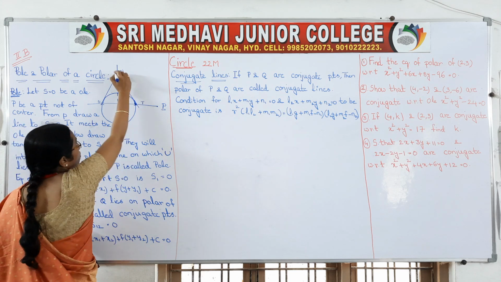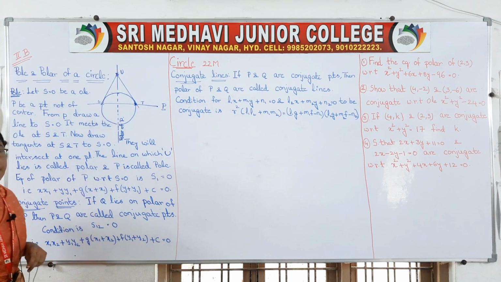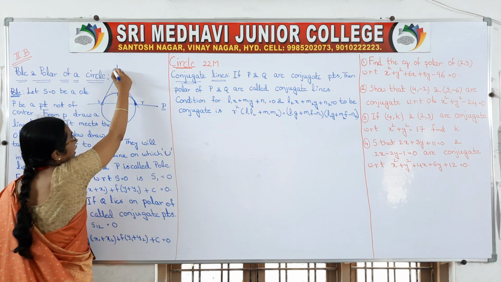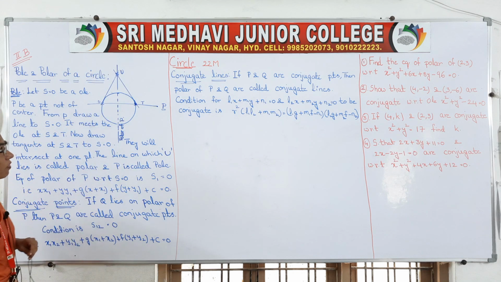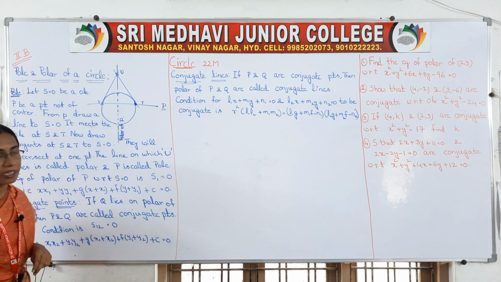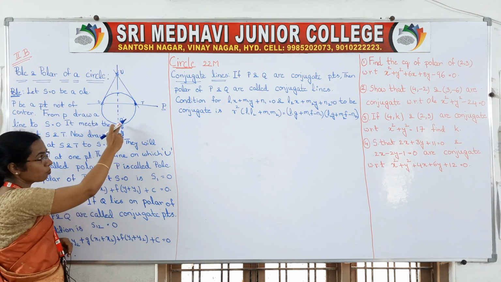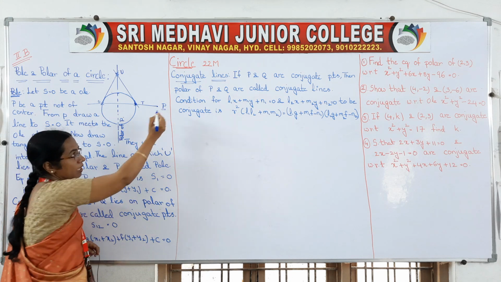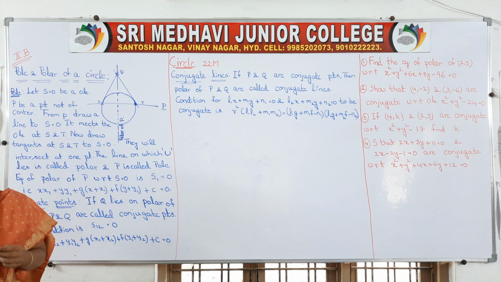At T, you draw one tangent to the circle. These tangents will intersect at one point. Now, through the point, you draw one line. That line is called polar of P, and this P is called the pole of the circle.